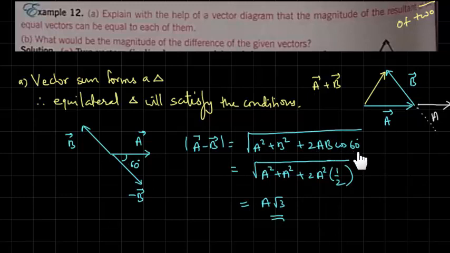Cos 120 degrees is minus half. This will become minus ab. a and b are the same, so it will become minus a square. a square will get cancelled. It will become b, and in this case obviously a is equal to b. So when the angle is 120 degrees and a is equal to b, this comes out to be just a. And if it is 60 degrees, then it comes out to be a root 3.